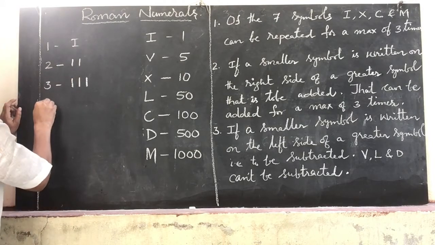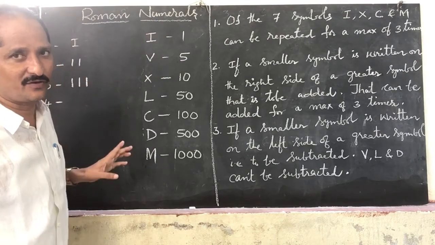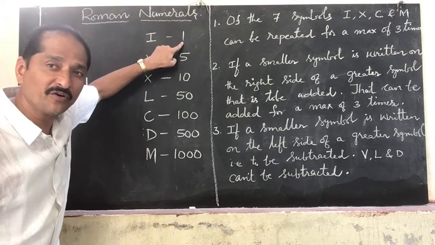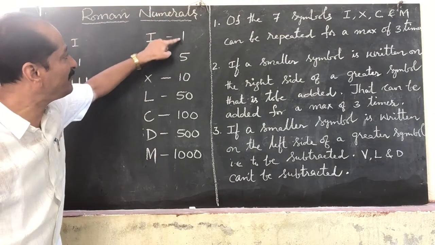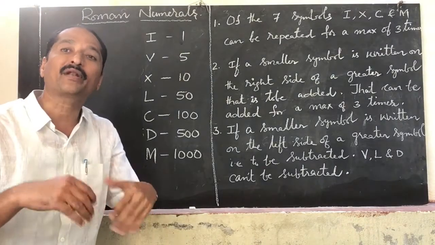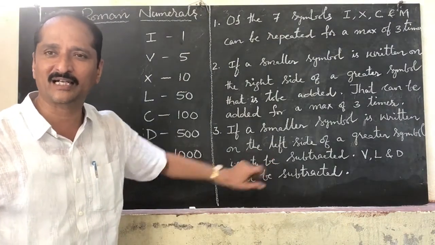Now to write down 4. Now is there any symbol to write down 4? There is no 4. But can we repeat I for 4 times? No, we should not. So this 4 is in between 5 and 1. So subtract it. Use this formula, third one. What is that?